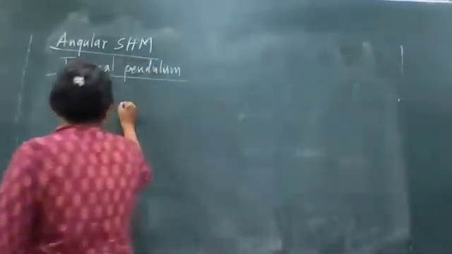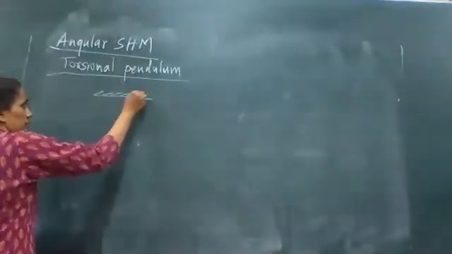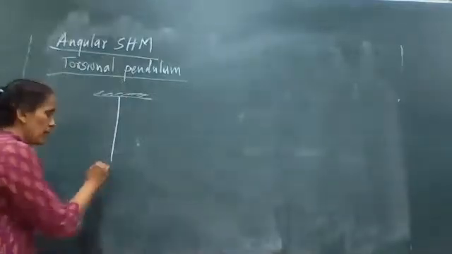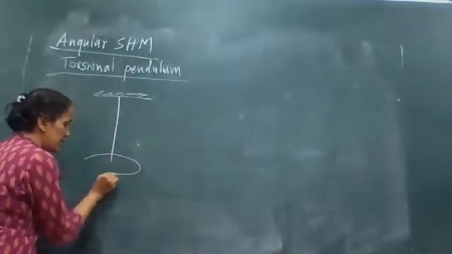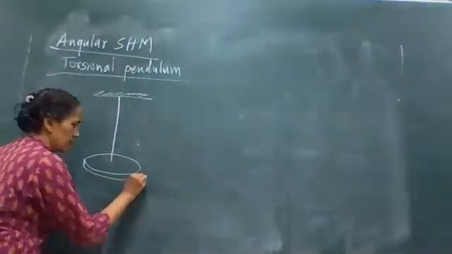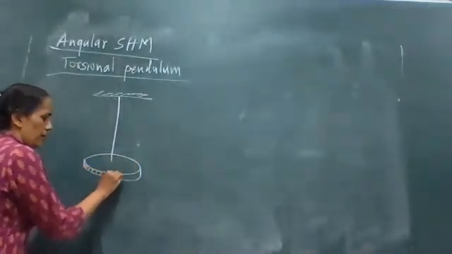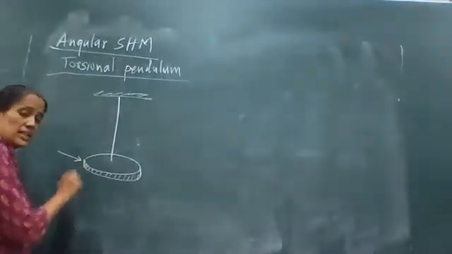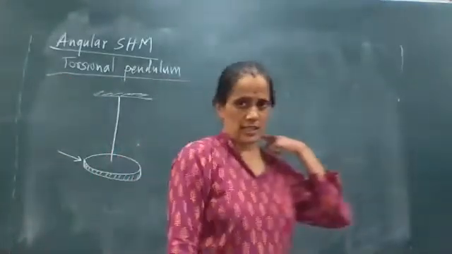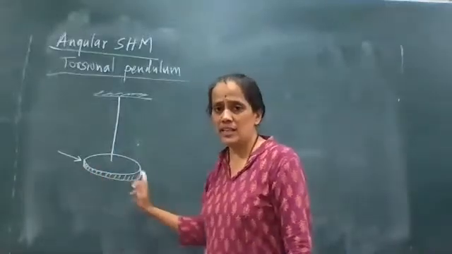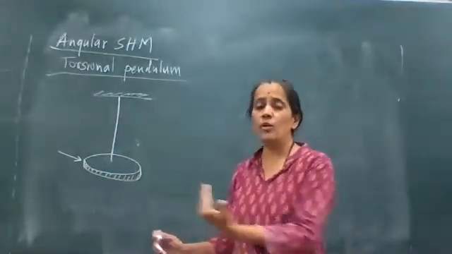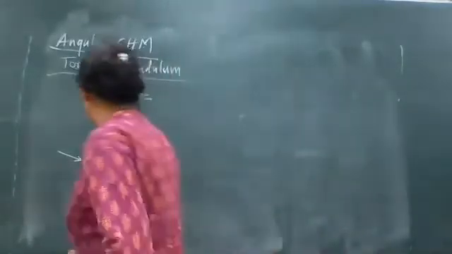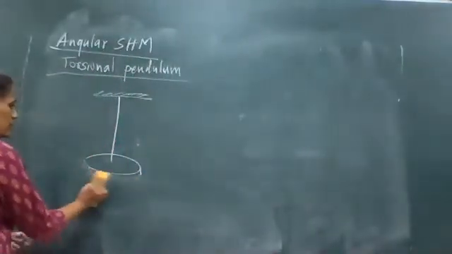Now what is this torsional pendulum? Consider this is a rigid support. Here is a metallic string. And to that metallic string, a metallic disc is attached. If I apply a twist on this metallic disc, then this metallic disc will start rotating about an axis of rotation.